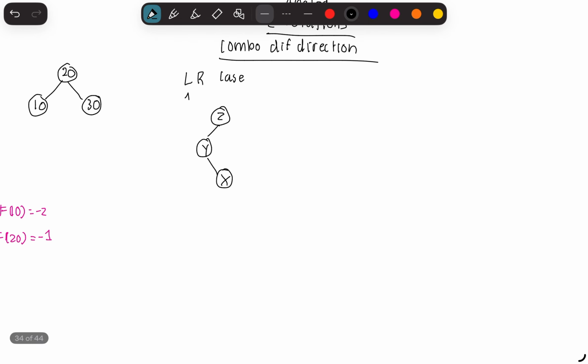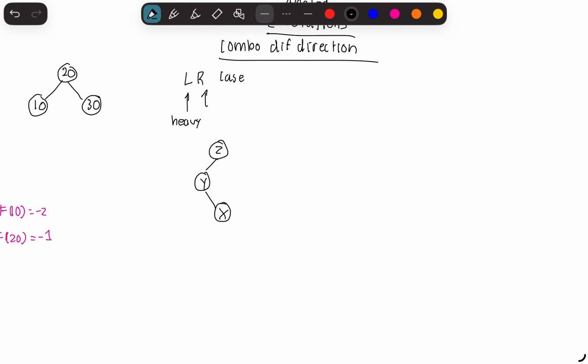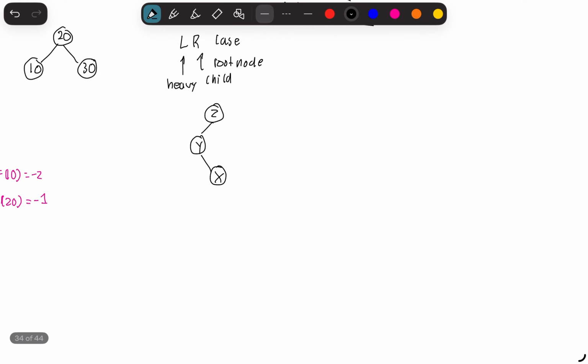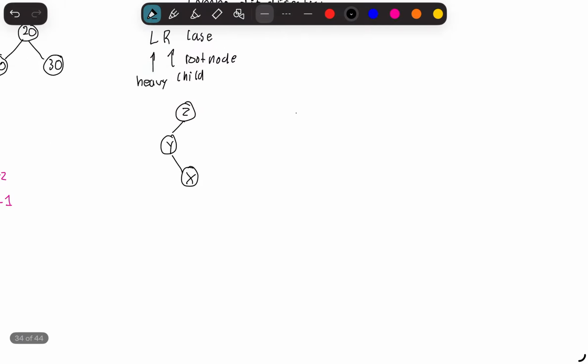It means that it's going to be heavy on the left side and the child is going to be on the right. An example of this would be if we had a tree that was 30, 20, and 25. If we connect these, that's how it's going to look.